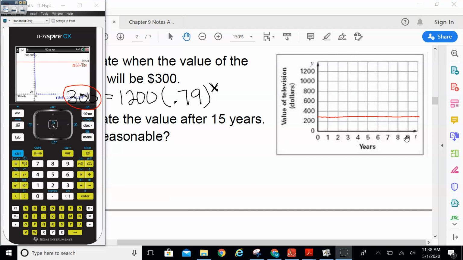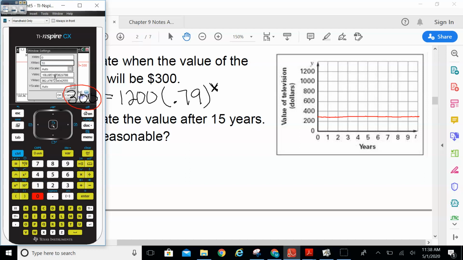Since we have an exact window here, we can actually make this the exact window. If you go to menu and you go to window and you put the settings, you can actually change it to be this. So the min x value is 0. And then here the max x value is 9, one more would be 10. So here just 10.